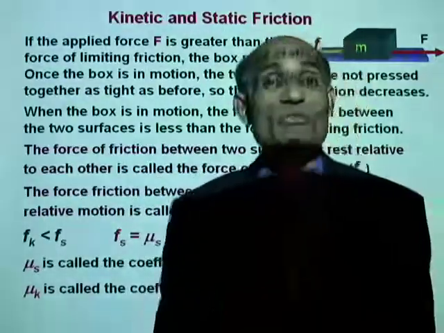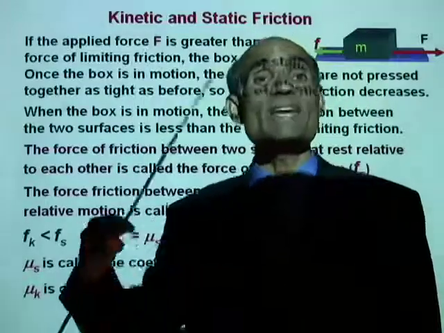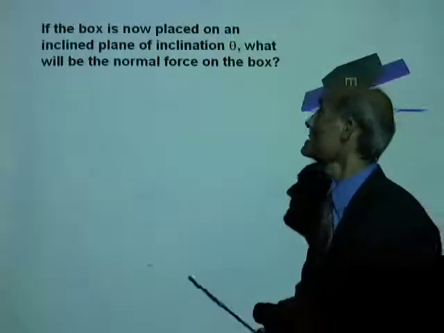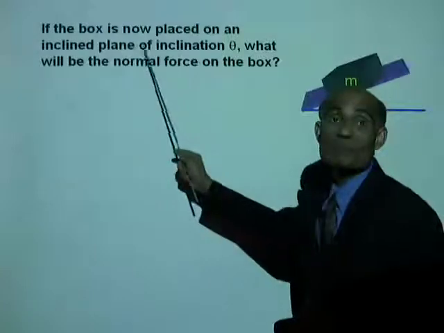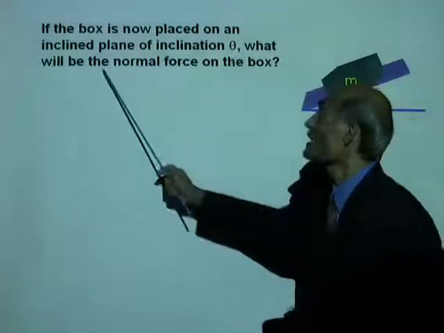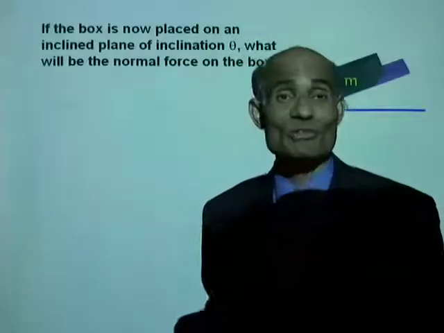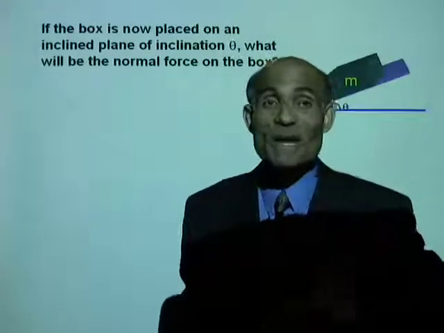Now what happens if you now place this box on an inclined plane? Alright, let's look at that now. If the box is now placed on an inclined plane of inclination theta, what will be the normal force on the box? We talked about it in the beginning.